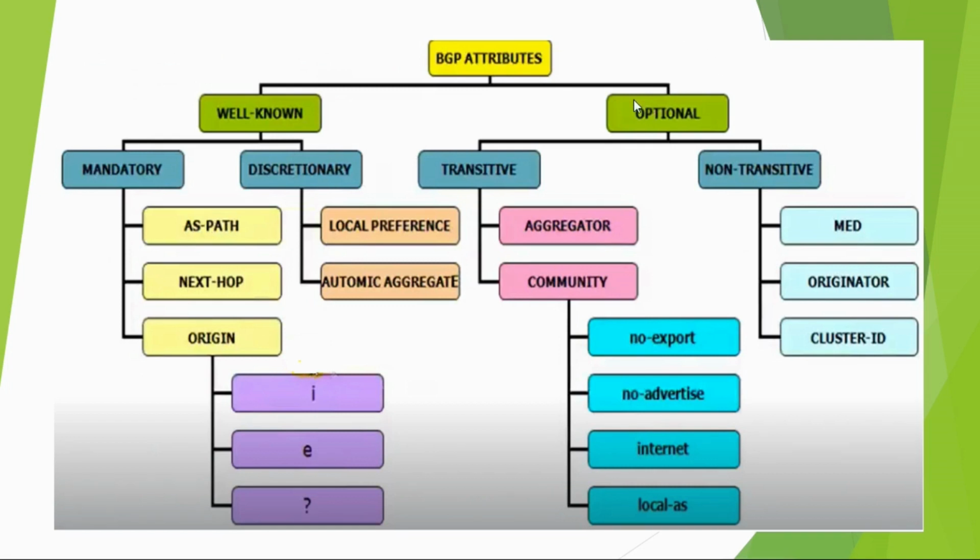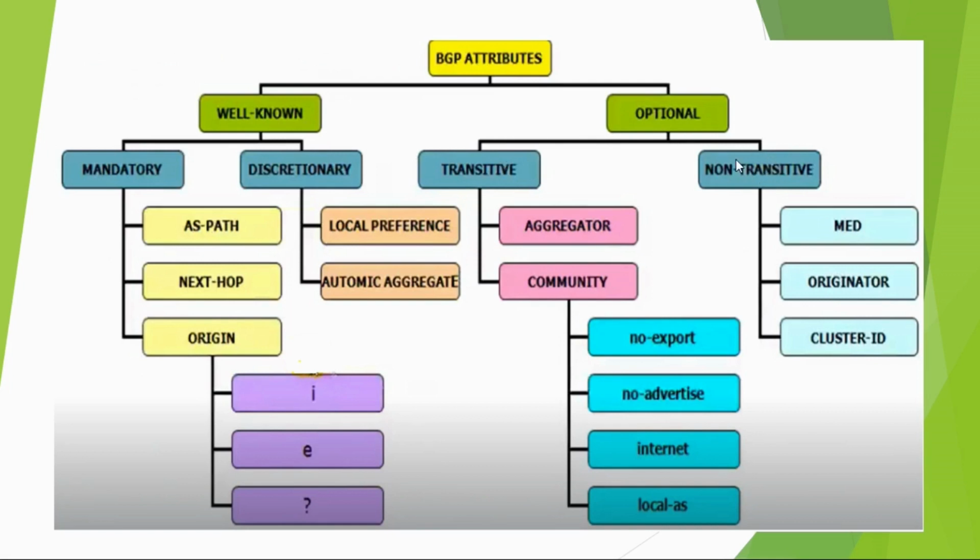The second main category is the optional attributes. In optional attributes, we can classify into transitive optional and non-transitive optional. Optional means may or may not be recognized by BGP peers, whereas transitive means it will be forwarded to other BGP peers even if it is unrecognized by this particular BGP peer.